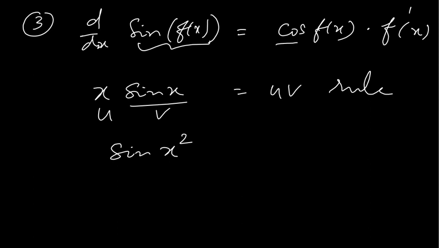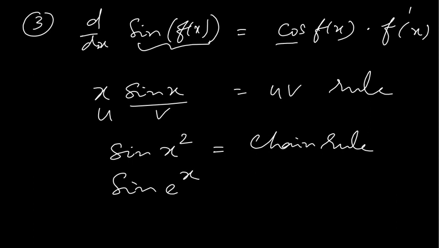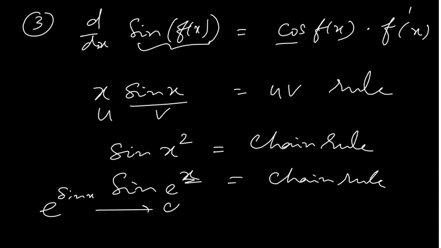Should I use uv rule? No. Chain rule. I have sin e to the power of x. x is coming only one time, right? So chain rule. e power sin x. Chain rule.